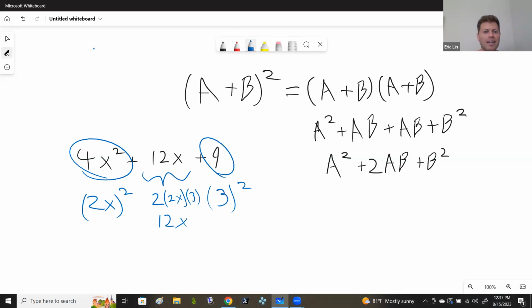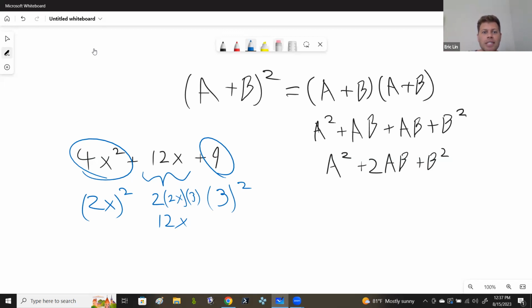So I notice then that this quadratic fits the proper form, where the two ends are squared, and then the middle term is 2 times the square root of the first term and the square root of the second term. So the thing that was squared in each case came together and was multiplied by 2 to get the middle piece.